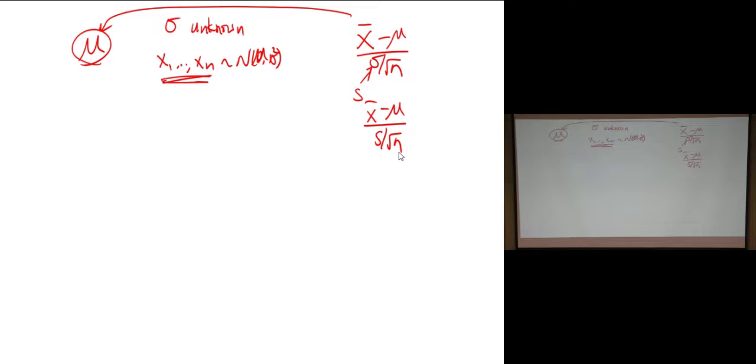What I want to do is to set something like this, so that the probability of this is equal to 1 minus alpha. In order to find this k and set up the formula, I need to know the distribution of x bar minus mu over s over root n.